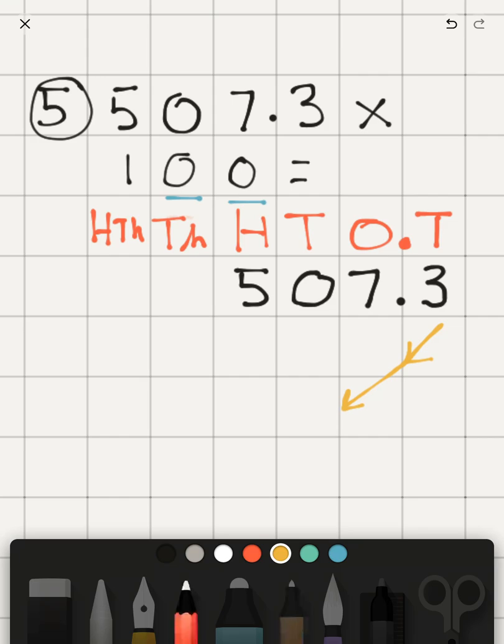Okay, so we'll do this one at a time so we don't make any mistakes. So first of all, we're going to move our 3. We're not moving it just into the 1s, we're moving it all the way into the 10s. Now we're going to move our 7. We're not just moving it into the 10s, we're going to move it all the way into our hundreds.